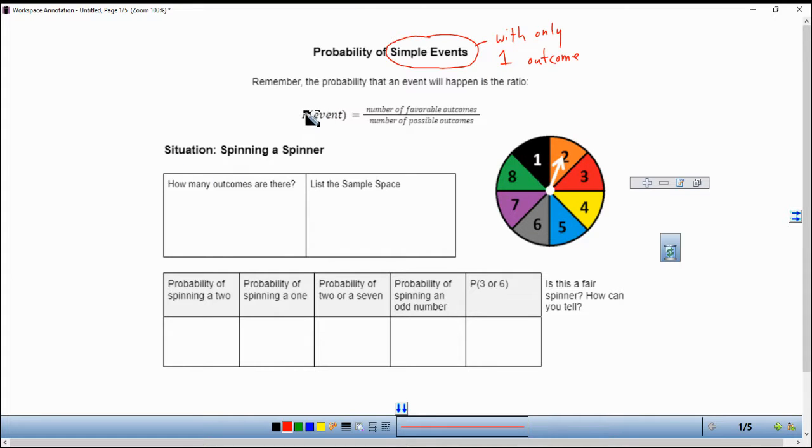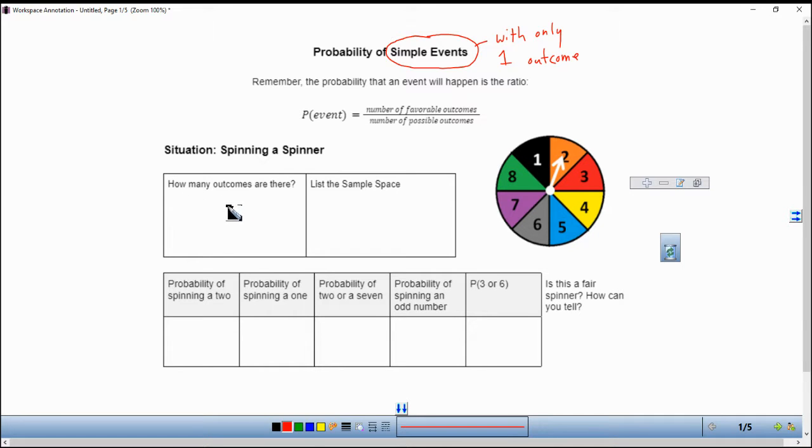So, just to remind ourselves, to find the probability of an event, we determine the number of favorable outcomes over the number of possible outcomes. The first situation we're going to look at is spinning a spinner. Well, let's look at the spinner. How many outcomes are there? There appear to be 8 different equally sized parts of this spinner.